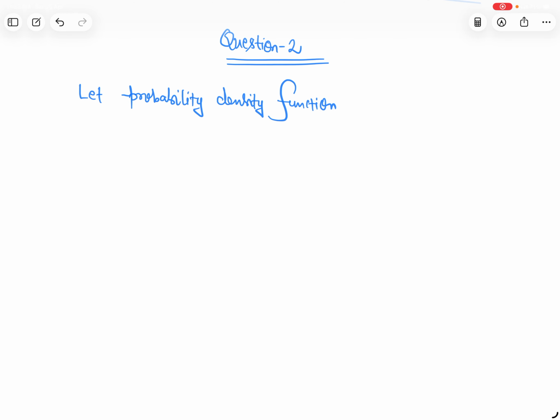Today we are going to see another question on PDF, probability density function.